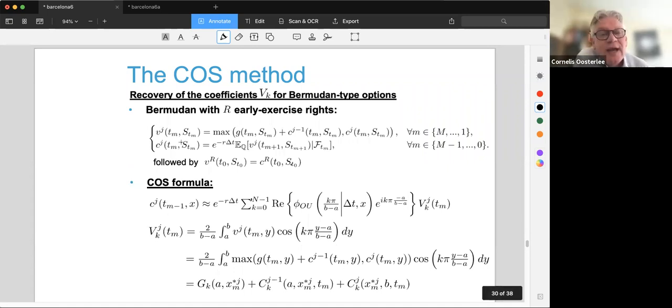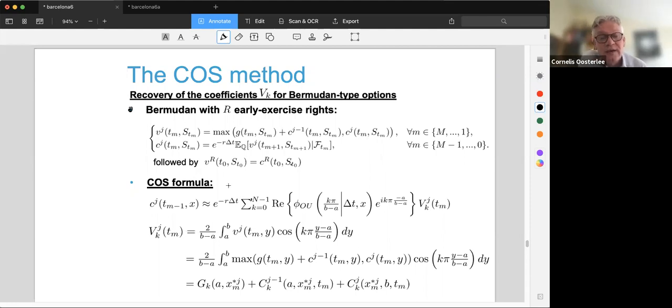Multiple exercise rights. Then remember the value of the option with J exercise rights is the maximum of exercising plus continuing with J minus 1 exercise rights, and not exercising and keeping J exercise rights.